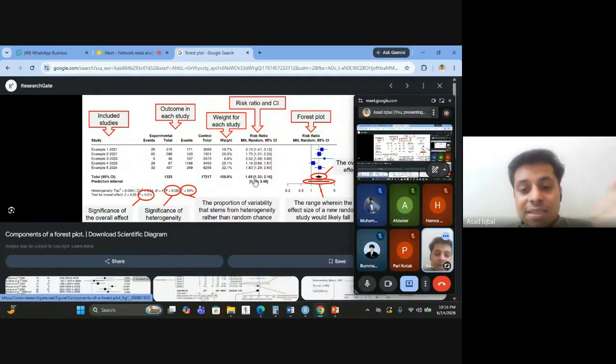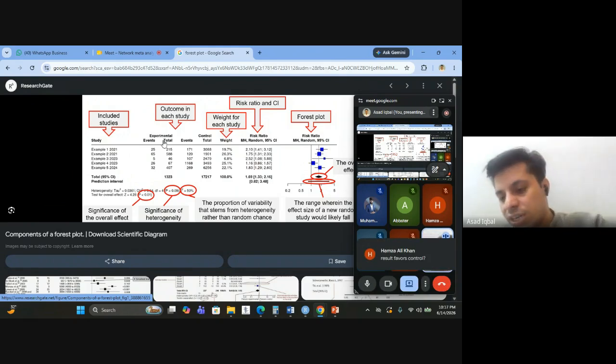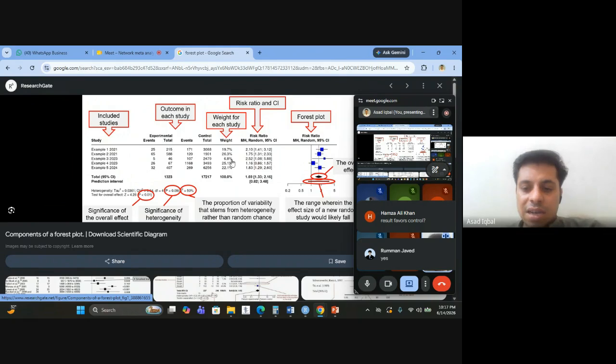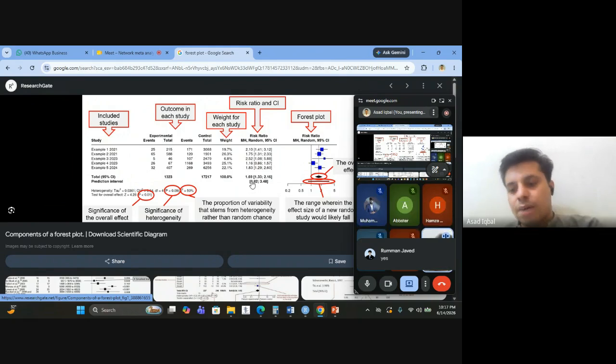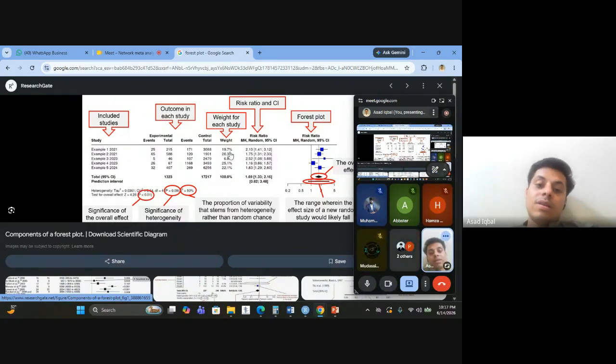Option A. Does this mean that the experimental group has a 69% higher risk of the outcome? Maybe the outcome is mortality, maybe stroke, or whatever the outcome is. Or option two, control having 69% higher risk of the outcome compared to experimental.